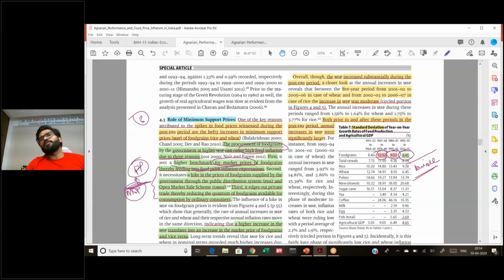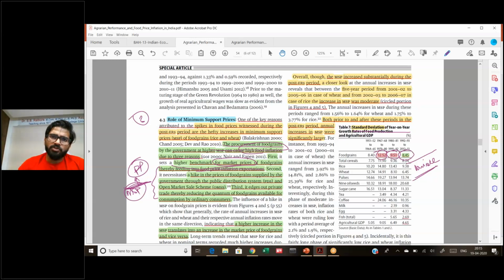It can be more if, suppose, the government promises to pay a farmer 1,000 rupees a quintal for rice, but this promise was made at the point of sowing of the rice, basically the start of the Kharif period. This is perhaps the time when the CACP will start announcing the MSP for the commodities in the Kharif season.